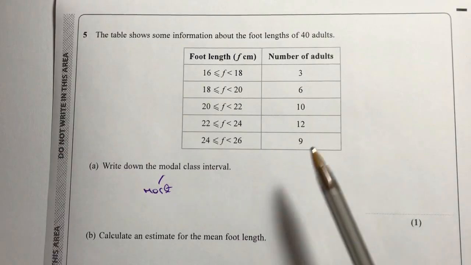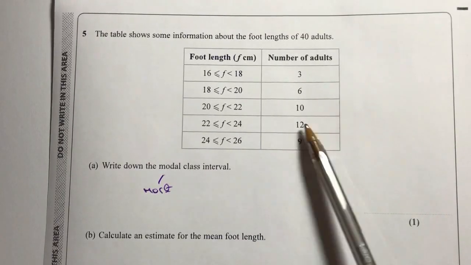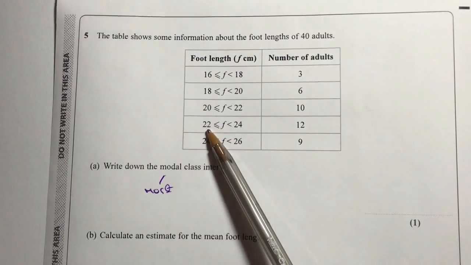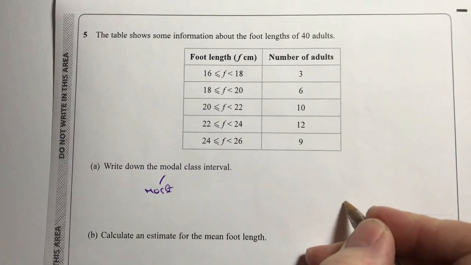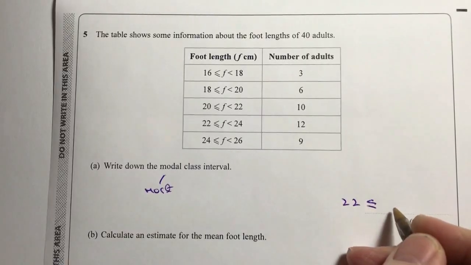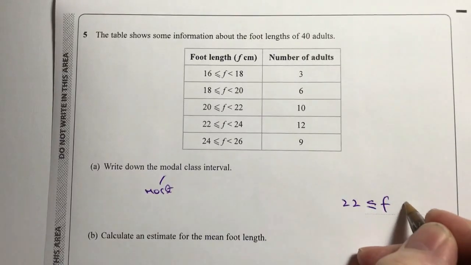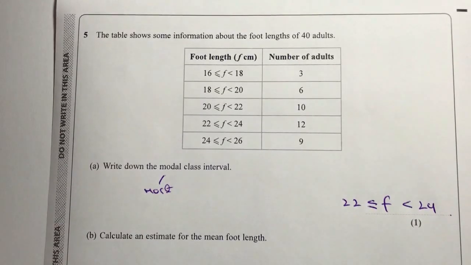The most common, as you can see here, is the number of adults. 12 adults have a foot length of between 22 and 24 centimetres. So the modal class interval is 22 is less than or equal to f is less than 24. And that will answer that question.